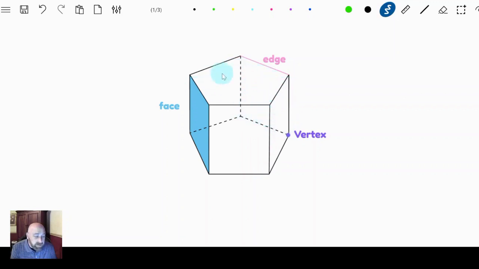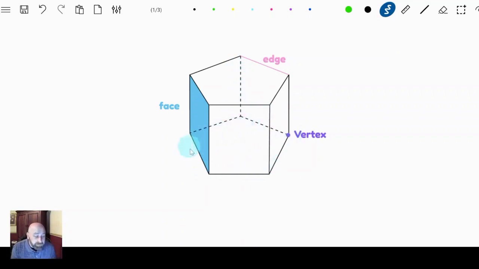And then here in the back left, there's another face. Then on the top of the shape, there's another face. Now, this is a pentagon face, right? The first five faces that we talked about were rectangular faces. This top face is a five-sided face, where the other ones were four-sided.